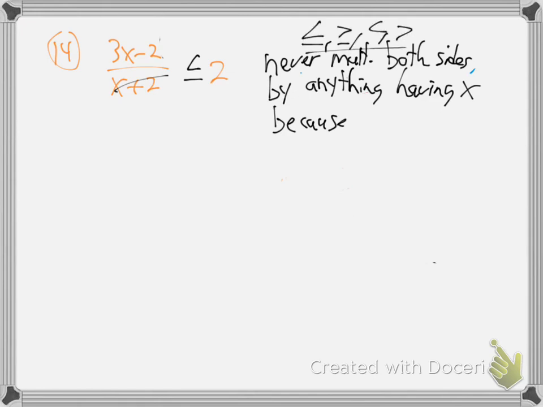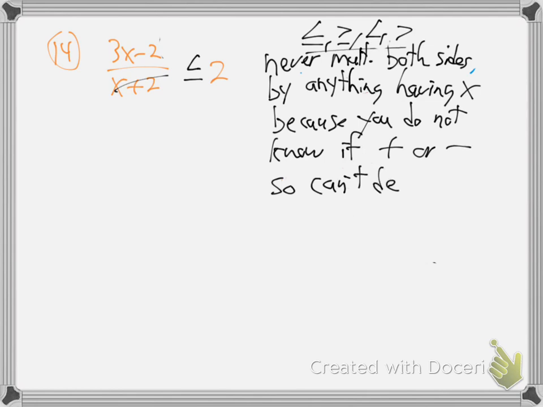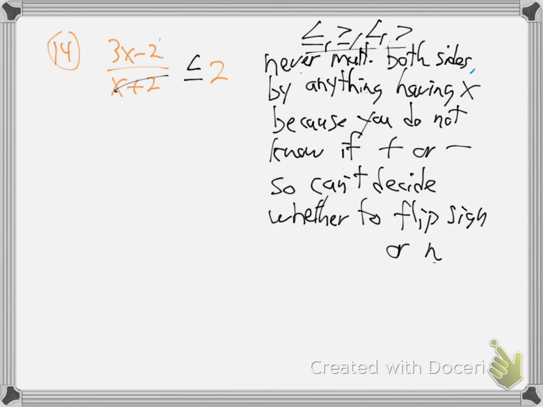For equals, it's great. For equals, that's perfect. That's exactly what you would do. But for greater than, less than, never multiply both sides by anything having x, because you do not know if it's positive or negative, so you can't decide whether to flip the sign or not.